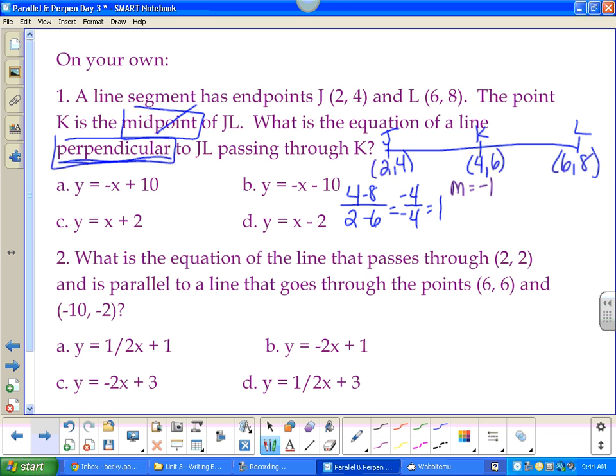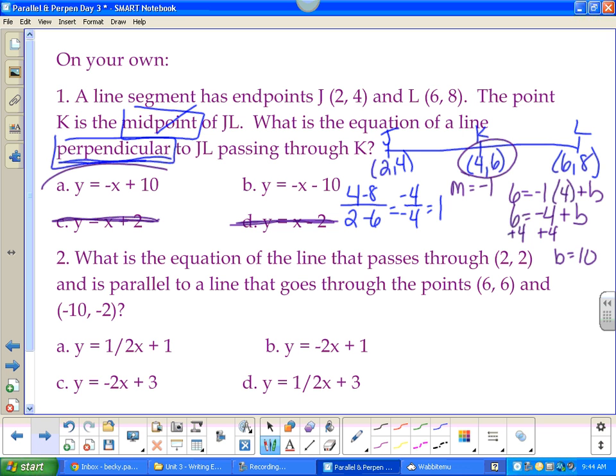So let's see, that takes D out and C out. A and B both have a slope of -1. So now I'm going to take my slope and my point. Y equals mx plus b. Add 4. B equals 10, +10. So the answer is A.